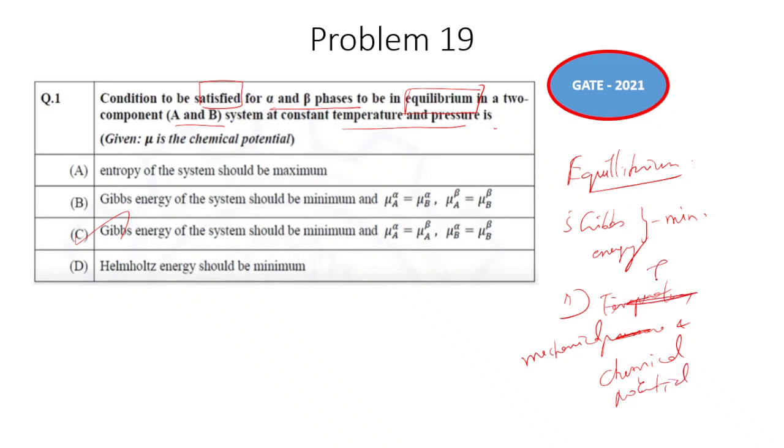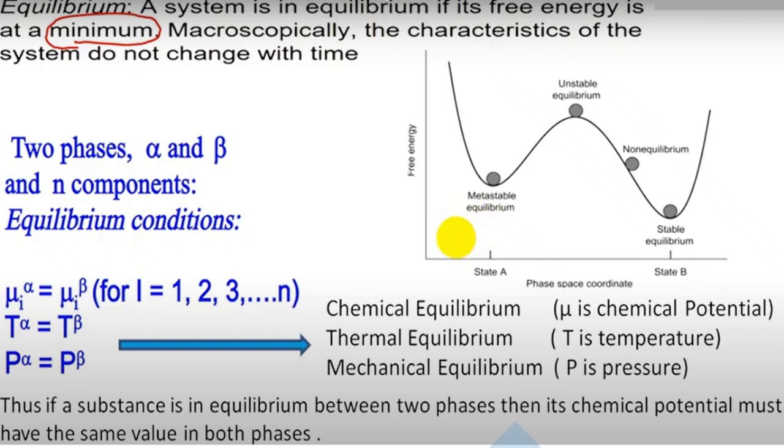Not temperature, thermal, mechanical and chemical, not potential also, it is energy. So the correct answer is option C. This is the explanation.